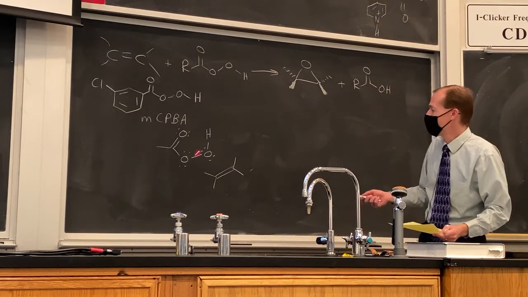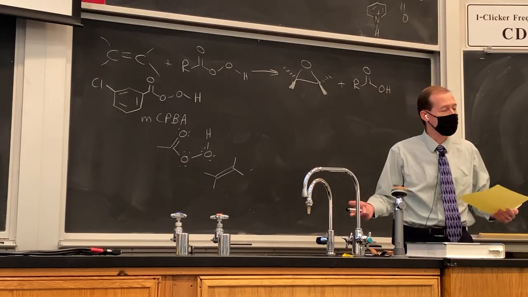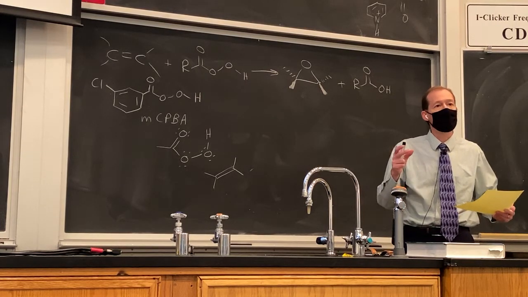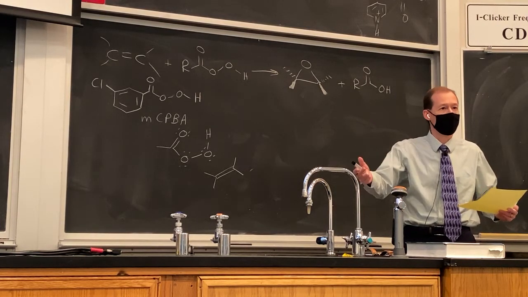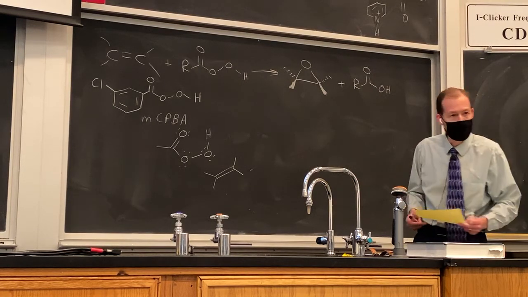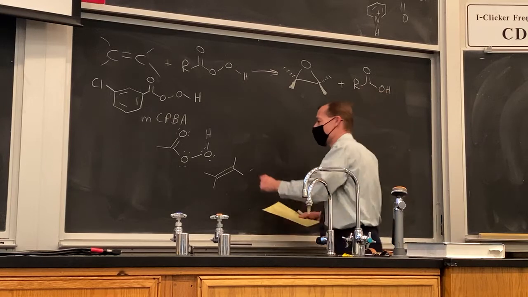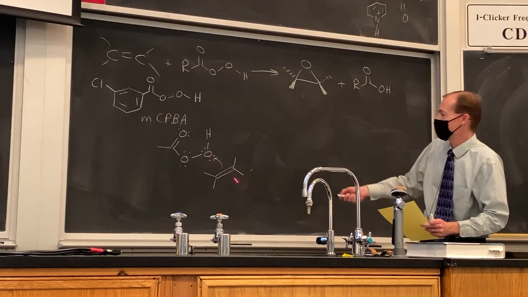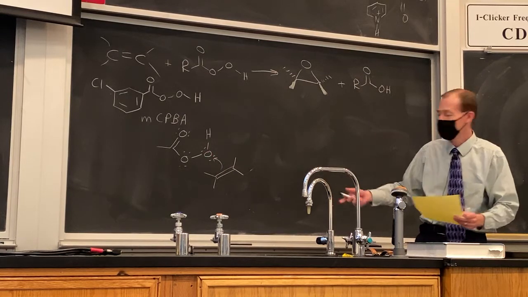So I've told you that oxygen-oxygen bonds are weak. And we know that the pi electrons of alkenes usually function as nucleophiles. And so we're going to start out this mechanism by having our pi electrons attack the oxygen at the end of the chain here.